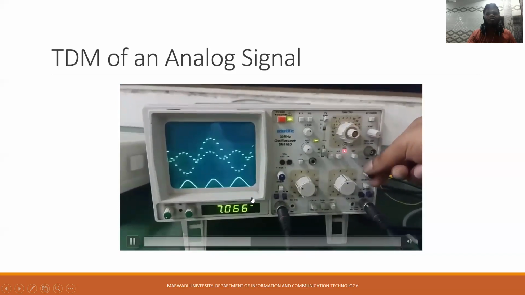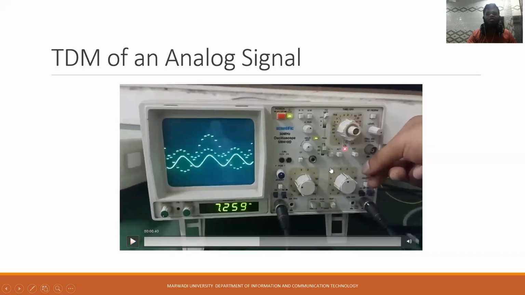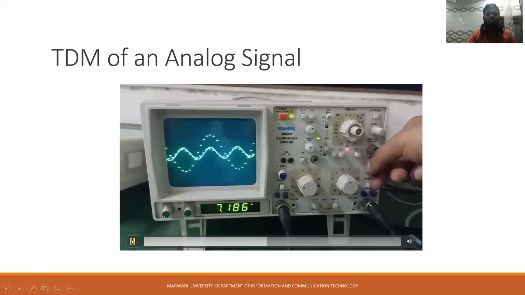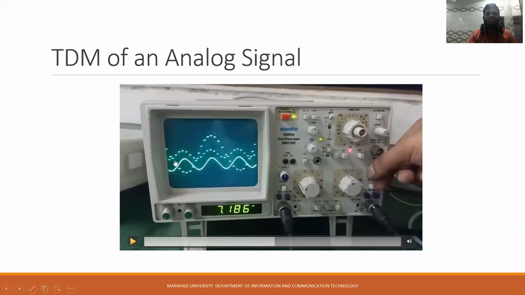There was also another input taken from this trainer kit, the input signal of the second signal. As you can see, the input signal matches one of the output signals, because the output has two signals and this input matches one of them.